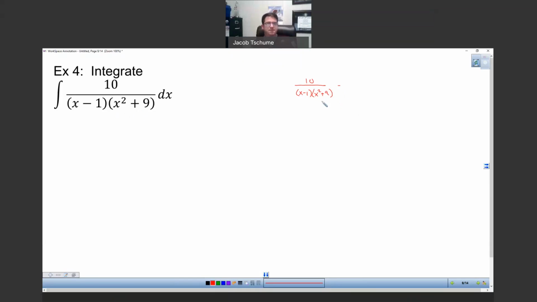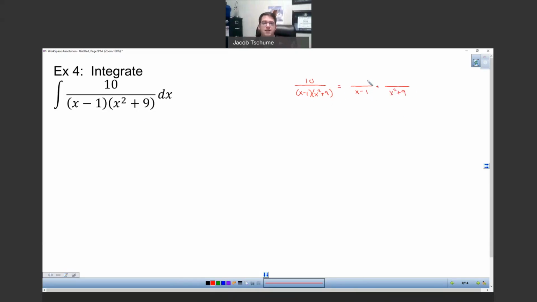Now, going piece by piece, x minus 1 is just a linear factor, so it's going to get a fraction by itself. And for the first time, we have an irreducible quadratic, which is x squared plus 9, that we will have to give its own fraction. Since that is an irreducible quadratic, this does become a case 3 partial fraction now.